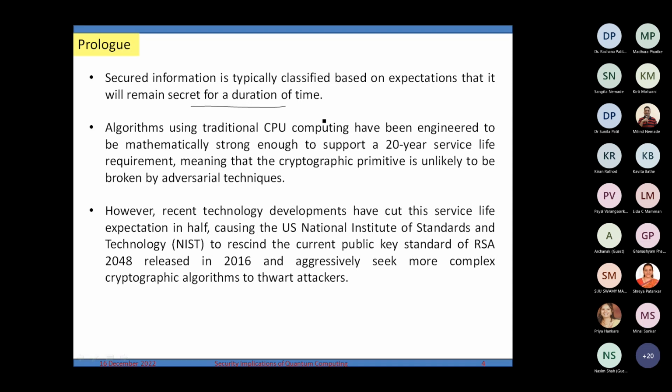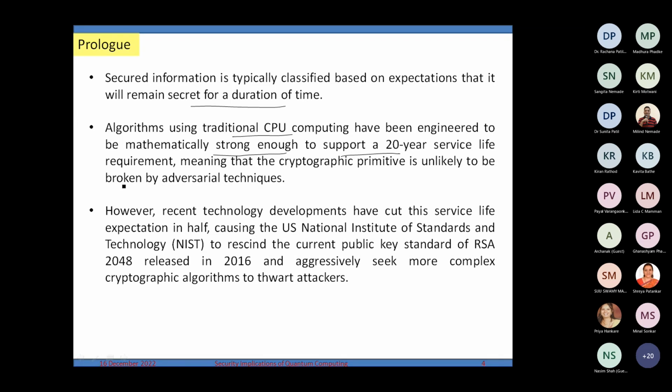So for any piece of information, we expect it to remain secret for a particular expected duration of time. It is not that we expect the communication or the information to be secured forever. All the algorithms using conventional computers are engineered in such a way that the cryptographic algorithms are strong enough to support at least a 25-year service lifecycle requirement.